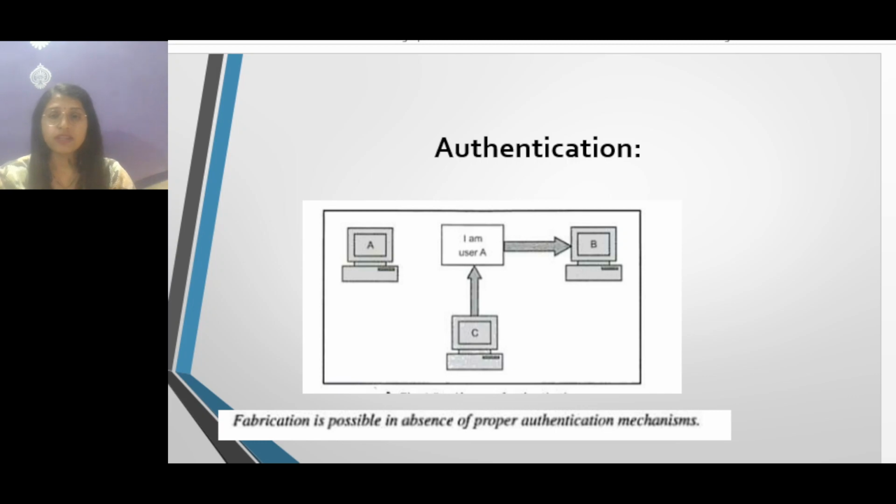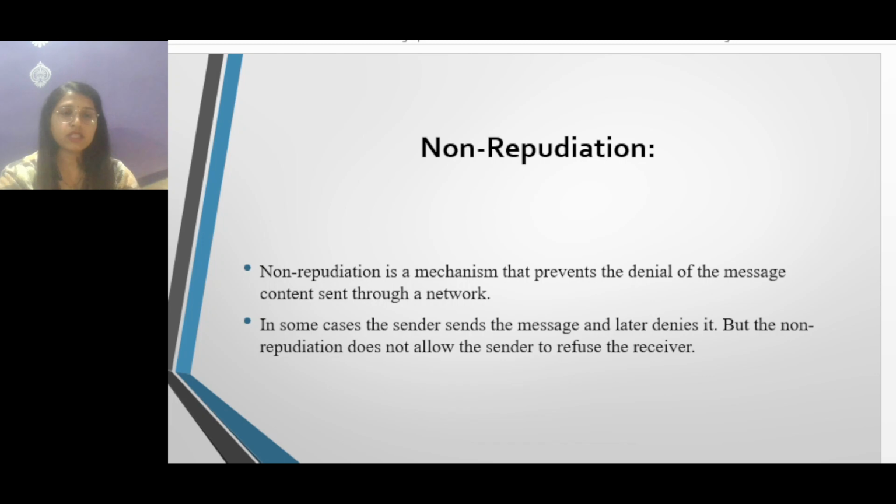So over here there is a loss of authentication. So fabrication is possible in the absence of proper authentication. Nowadays to authenticate they are sending username, password, OTP. So all those are the authentication mechanisms.